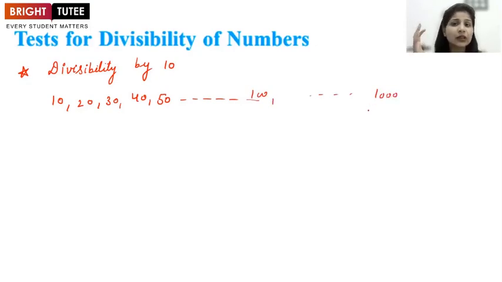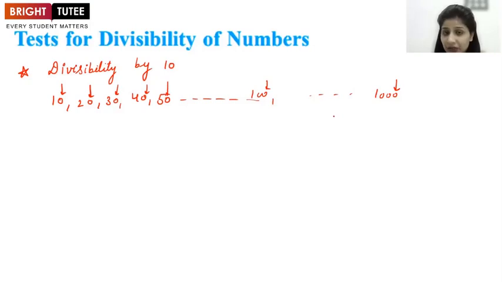What is the common thing that we can observe? We can observe one common thing which is quite easy to notice. In every number, if we focus on the units digit, that is 0 in all of the multiples of 10. 10 is the first multiple of 10. So all of these numbers have the units digit, or the ones place digit, as 0.